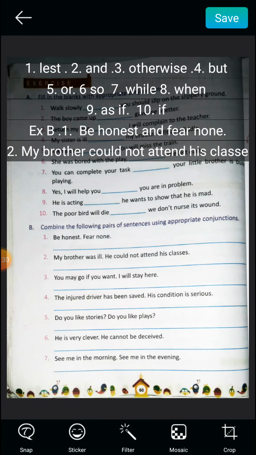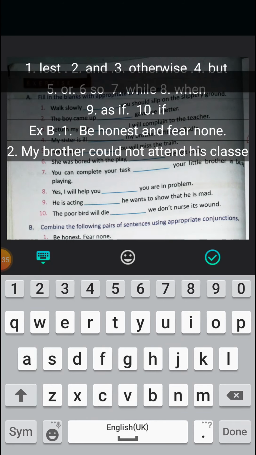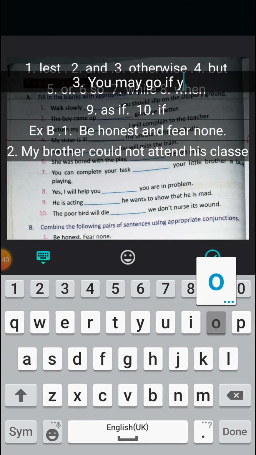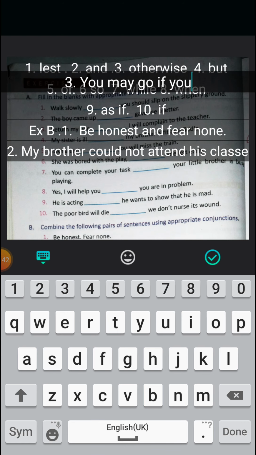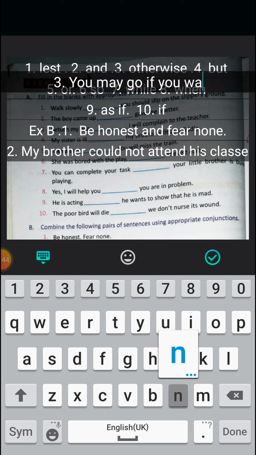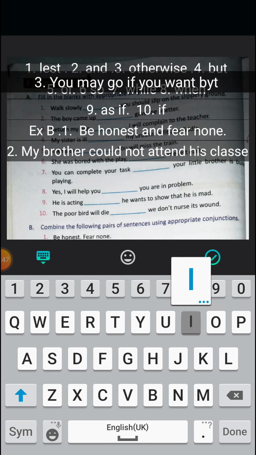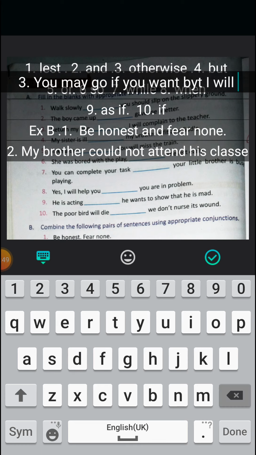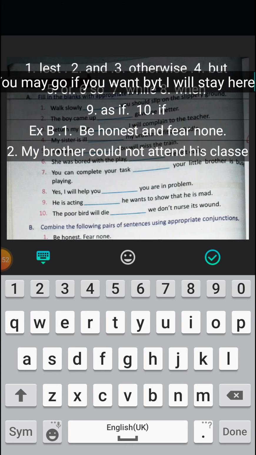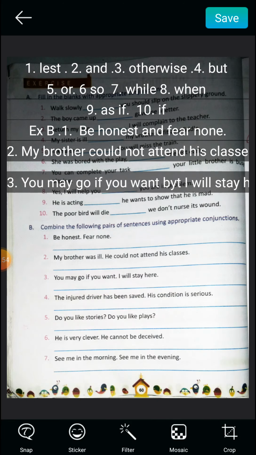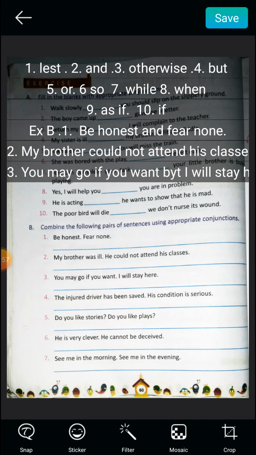Third one: you may go if you want, I will stay here. So you can write, you may go if you want, but I will stay here. Means if you want to go from here then you can go, but I will stay here. Fourth one: the injured driver has been saved. His condition is serious.